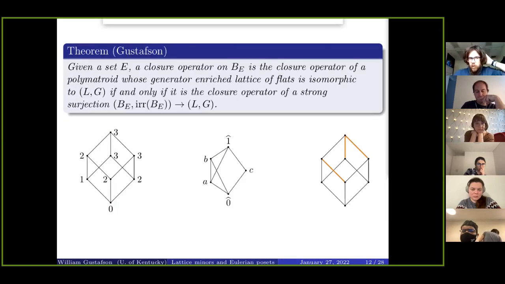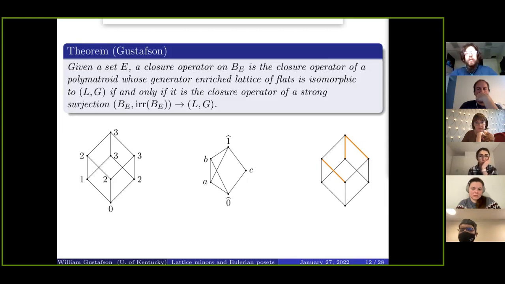Okay, with that, I can give the statement of how generator enriched lattices relate to polymatroid closure operators. If we have ground set E, then a closure operator in the Boolean algebra is going to be the closure operator of a polymatroid whose generator enriched lattice of flats is isomorphic to some given generator enriched lattice LG, precisely when it's the closure operator of a strong surjection from the Boolean algebra onto that generator enriched lattice.